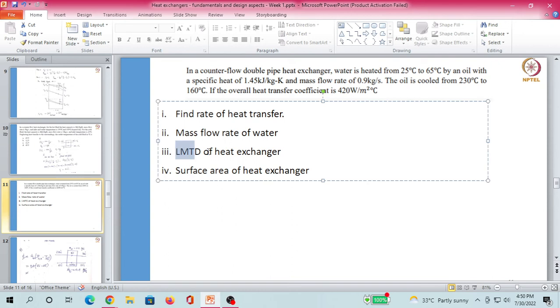Once people who have completed mass flow rate of water, you can try LMTD of the heat exchanger.